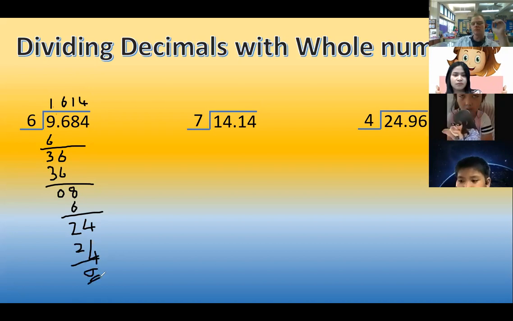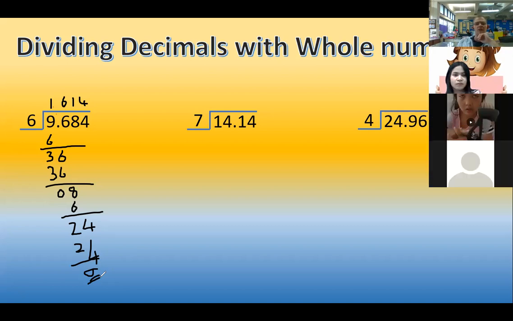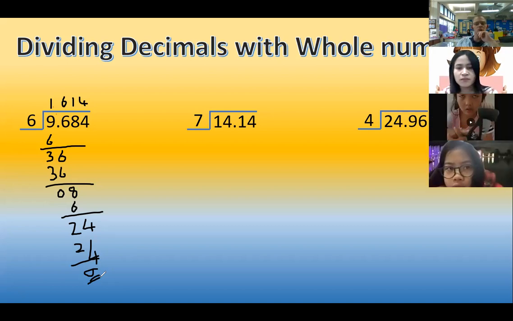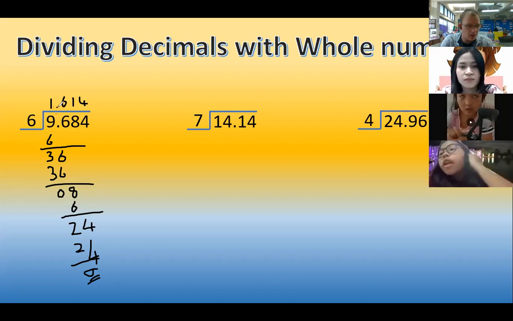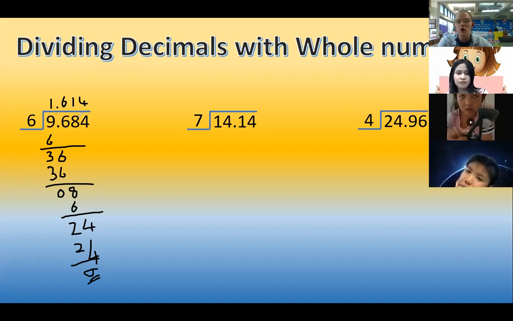Good. So, where is our decimal going to be? Who knows? Behind the 1. Yes, or between the 1 and the 6. Why do we put it there? Because we always have to add the decimal back where it came from. So it was right here, so we go straight up and add back the decimal. If we look at this one with a bigger number, first we add back the decimal point here.